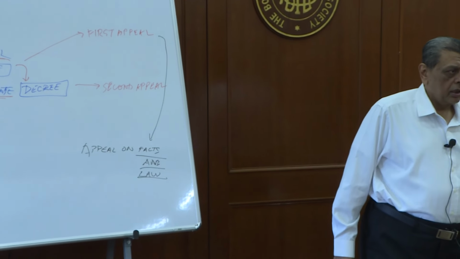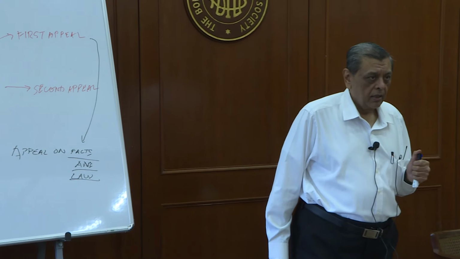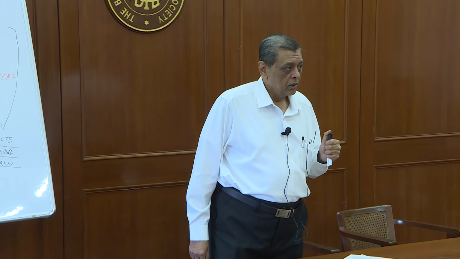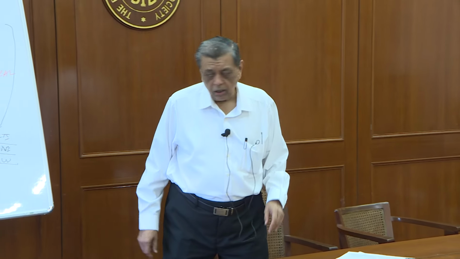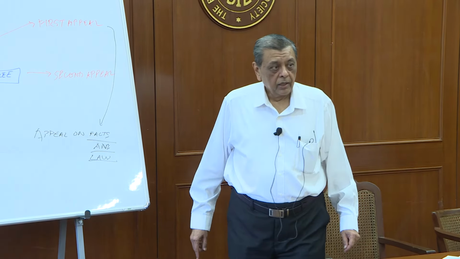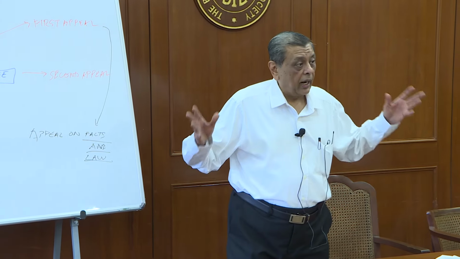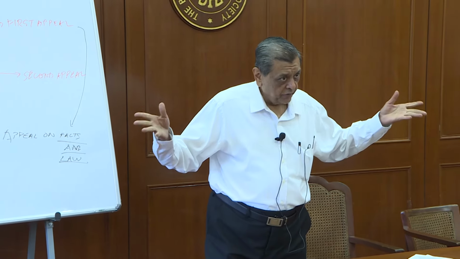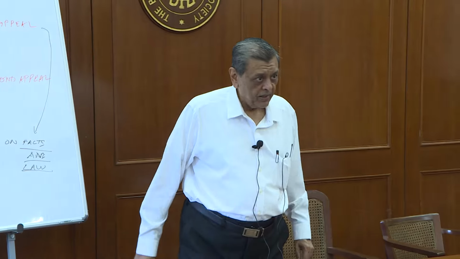You do not, in a first appeal, begin by reading the judgment of the lower court at all. Because it's an appeal on facts and law, it is as if you're re-arguing the whole thing. The difference being the evidence is already there.